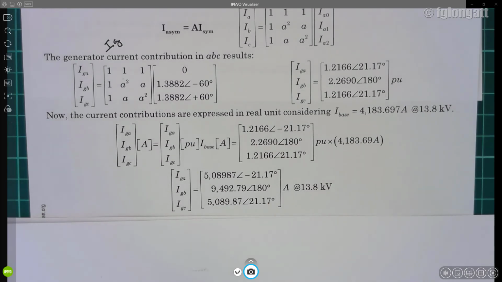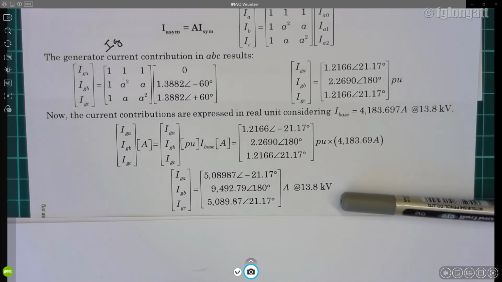Right now is a very critical moment, because my students are thinking, okay, we obtained the results. For the contribution coming from the generator, phase A will be around 5 kiloamps, phase B will be around 9.4, and phase C will be around 0.5 kiloamps.